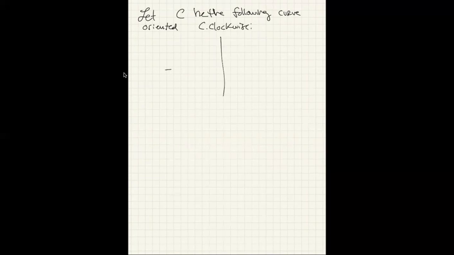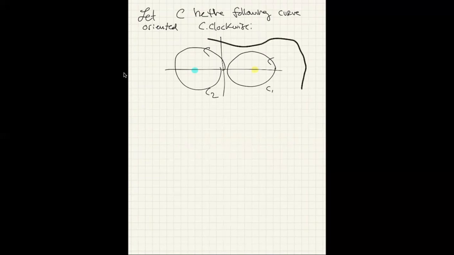So the last thing that I want to comment on is, let C be the following curve, oriented counterclockwise. Okay, so here's my x and y. I'll give you my singular points I'm staying away from, and here was C1, this was C2, and C is something that does all of this.